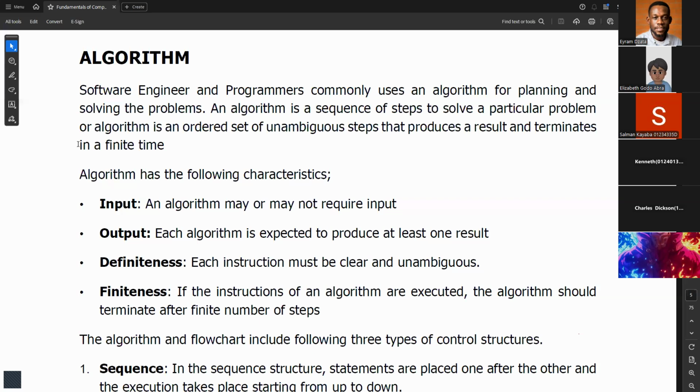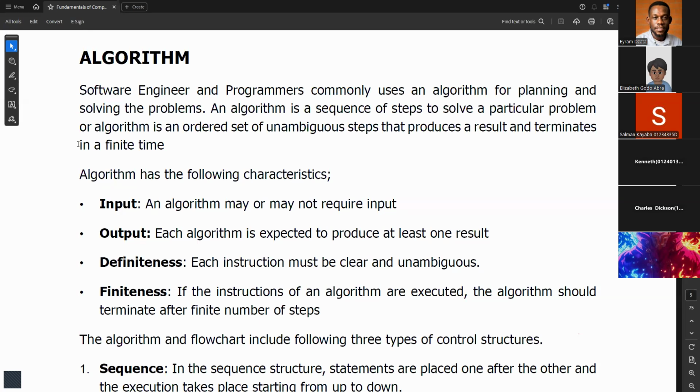But when it comes to algorithms or certain problems, not all of them will require inputs. For instance, someone says, write a program to display your name. So it is displaying whatever is being asked without accepting inputs into the program. So algorithms may or may not require inputs.